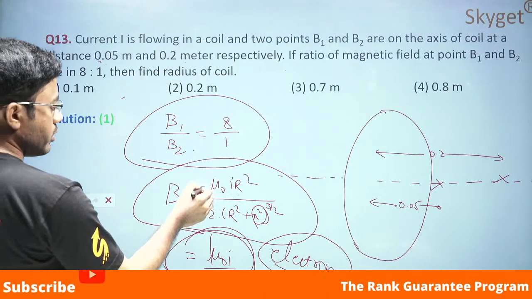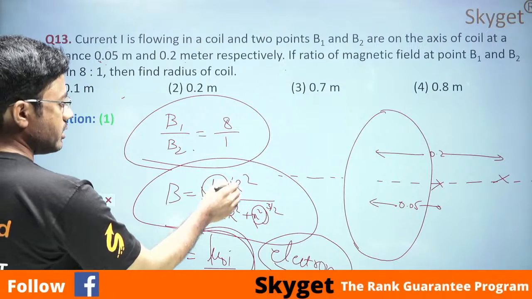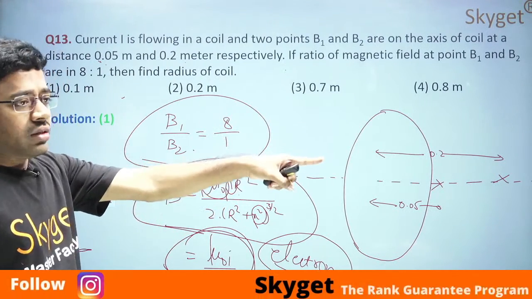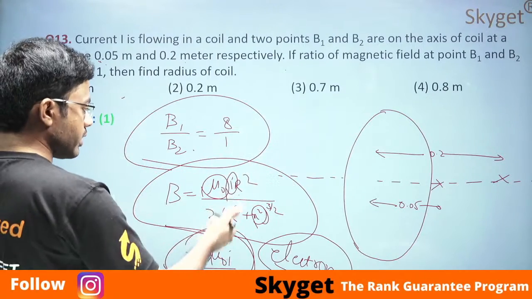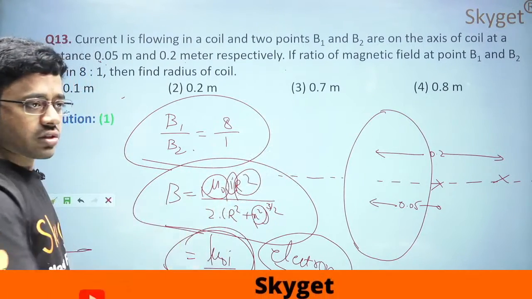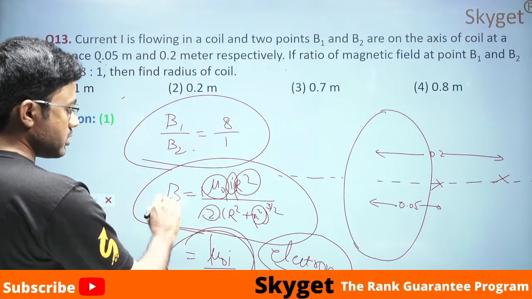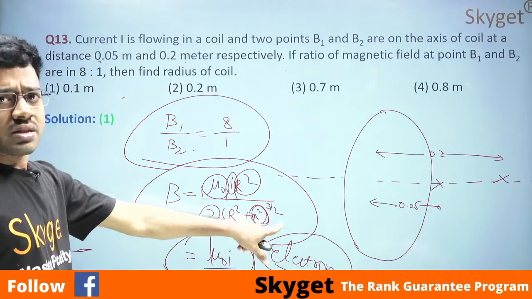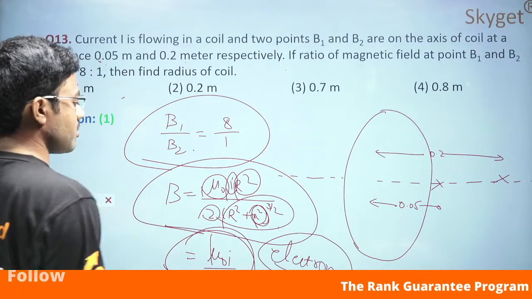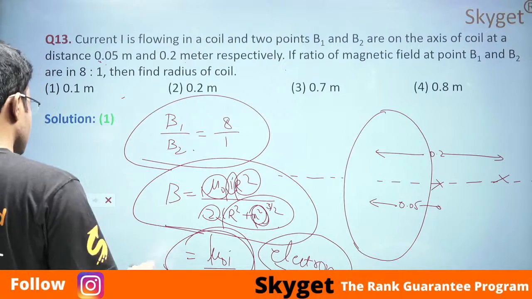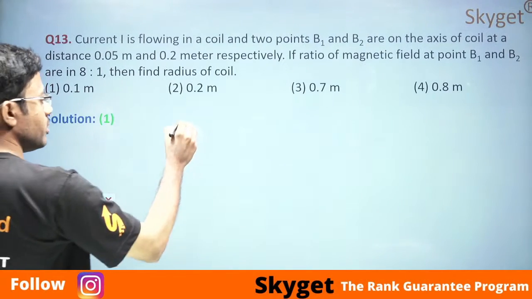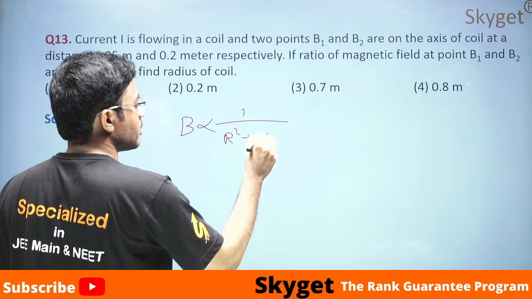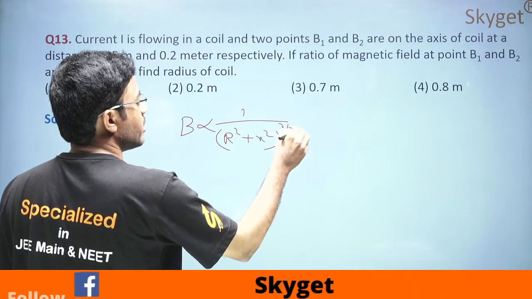This is the formula you have to consider. From this, obviously mu naught is constant, I is constant because the same current is flowing through the coil, and you have to find at 2 points of a single coil. The radius is also constant, and 2 is constant. What you require is x, but x is not present separately. So consider this combination, r square plus x square whole power 3 by 2. From this you can write B is inversely proportional to (r square plus x square) whole power 3 by 2.